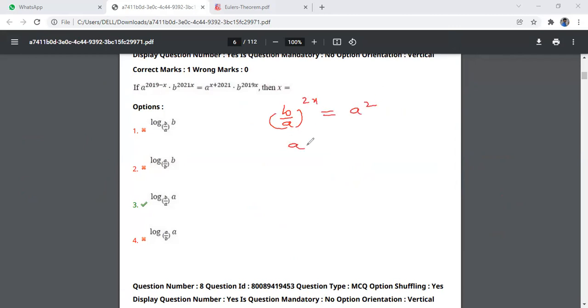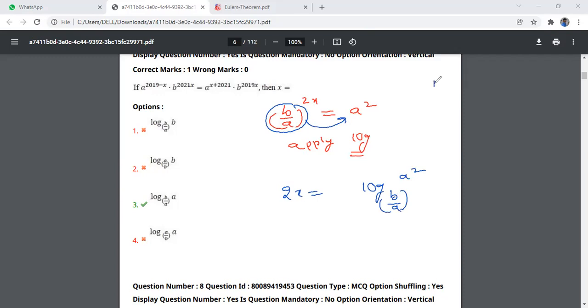Now apply the log form. This base will go to that side, this total base will go to this side. That means 2x is equal to, here we have to write log base b by a of a square.